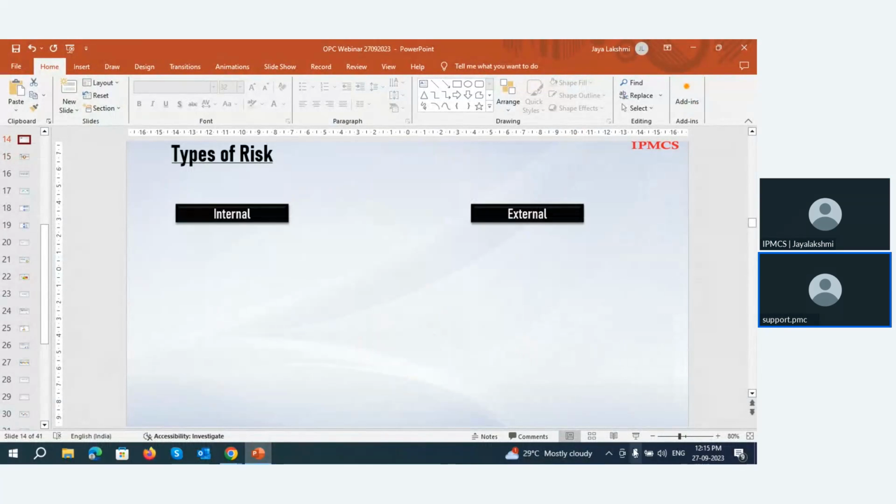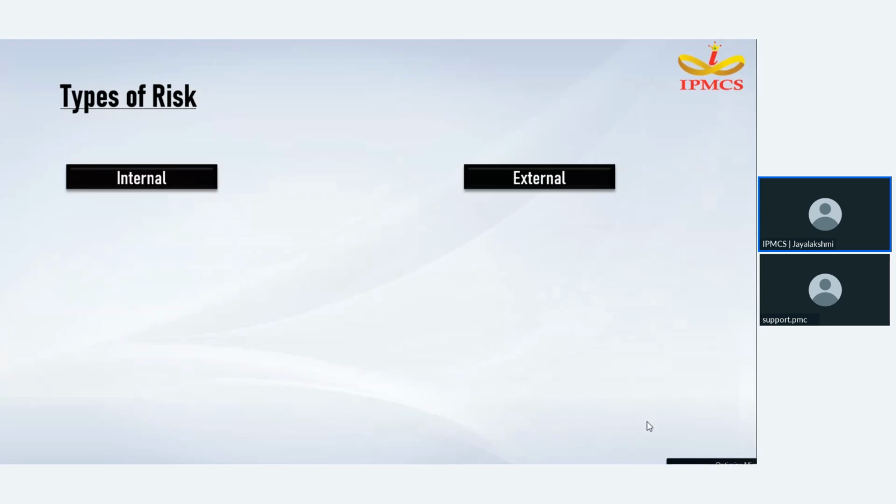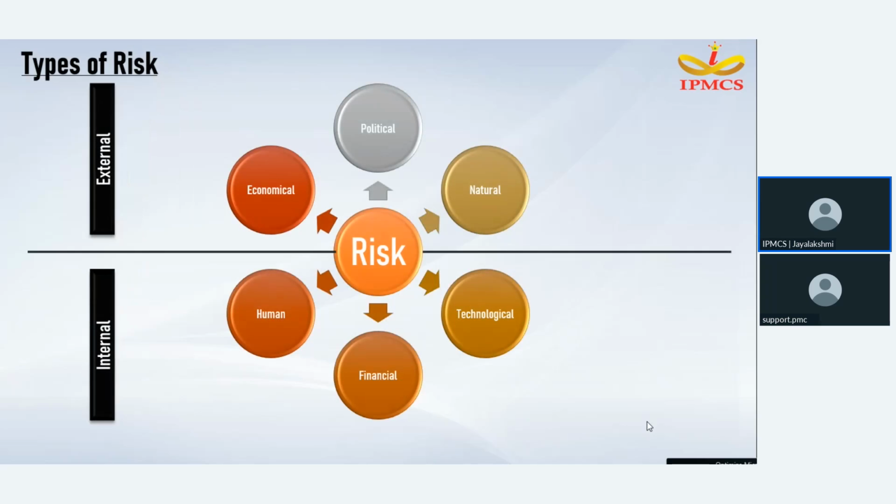Go ahead. Yes, so we were discussing types of risk, internal and external risk. Now the slide is also changing, right, sir? Just for the confirmation. The economical, political, natural slide now. Hello? Yeah, it's working now. Yes, thank you so much. Sorry for the inconvenience, I'm really sorry for that.